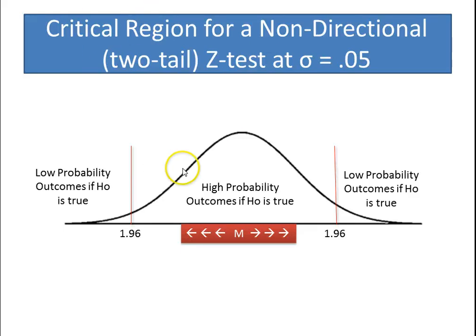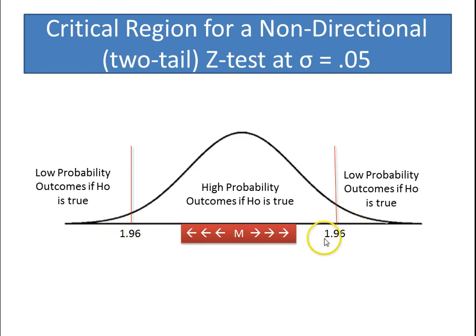So for our step 2, we would have a distribution of sample means, and we would go ahead and separate the distribution into areas of high probability outcomes and low probability outcomes by drawing these two lines in the tails of the distribution and marking that location with z-scores.